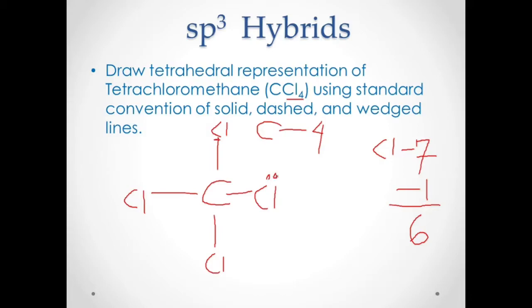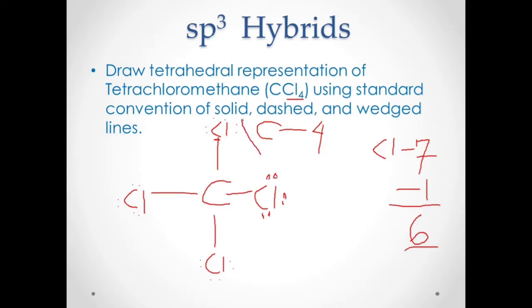So since they are lone pairs, there are 3 lone pairs for each of the chlorine. Okay, I will just use 3 lone pairs that will represent your 6 electrons. Okay, so 2, 4, and 6.